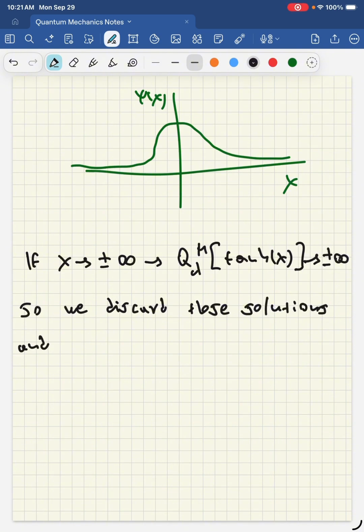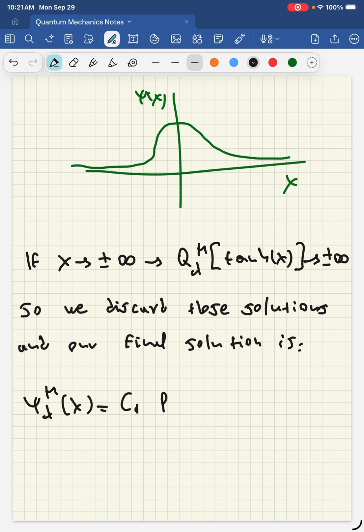And our final solution, let's call it psi lambda mu of x, equal to c1 times the associated Legendre polynomials of the first kind, with the argument being the hyperbolic tangent of x.